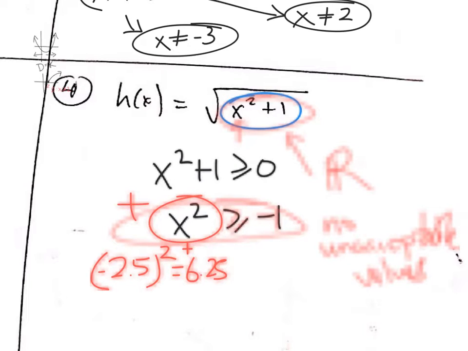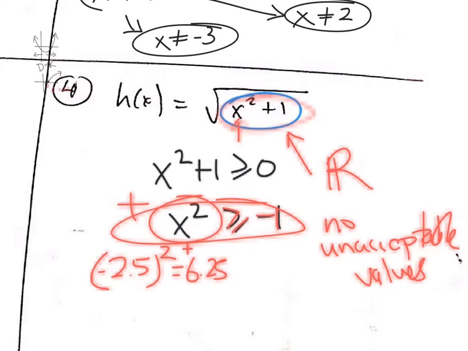So this is always positive. A positive number is always greater than negative 1, so the domain is all real numbers because there are no unacceptable values, meaning there's nothing that you can plug in for x that will make that a negative.